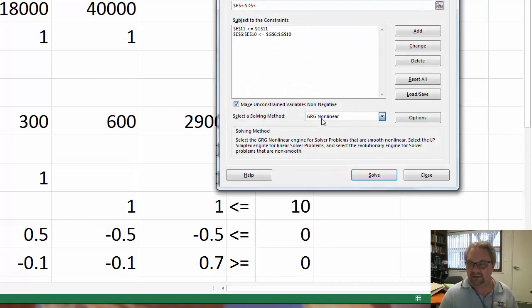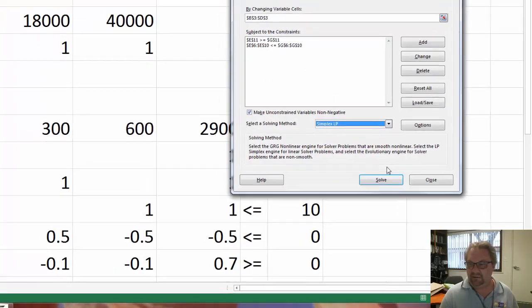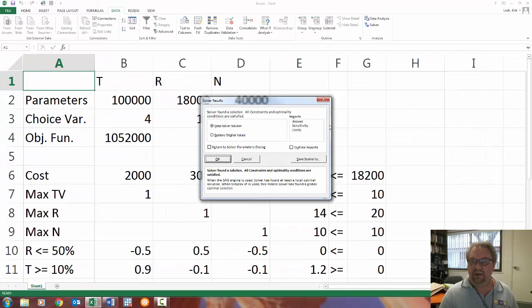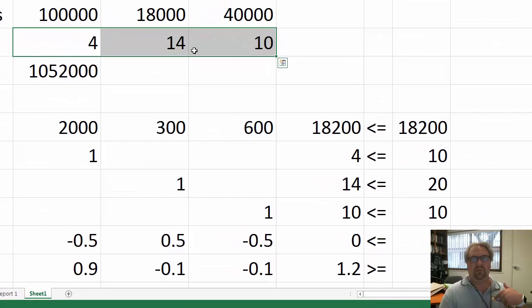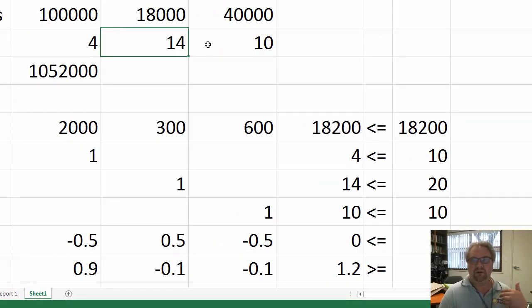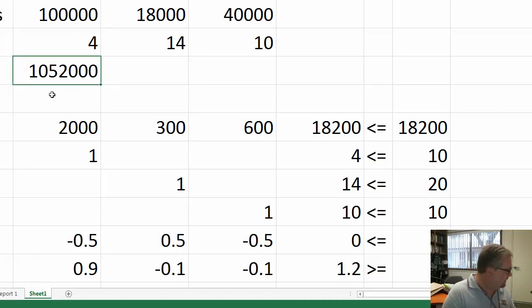Non-negativity, linear, solve, and I'll get my answer and sensitivity reports for part B. Hit OK. Here is part A. You're going to have 4 television advertisements, 14 radio, 10 newspaper, and you're going to reach 1,052,000 people. So that's part A.